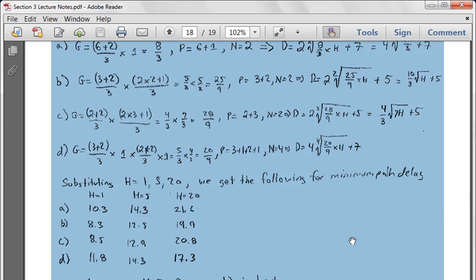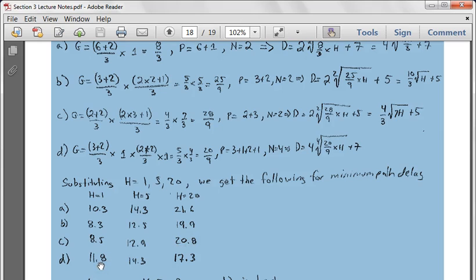So initially, 8.3 for B is lower than 10.3. It becomes 12.5 and then 19.9 as h becomes 20. For C, 8.5 is greater than 8.3, 12.9 is greater than 12.5, and then 20.8 is greater than 19.9.